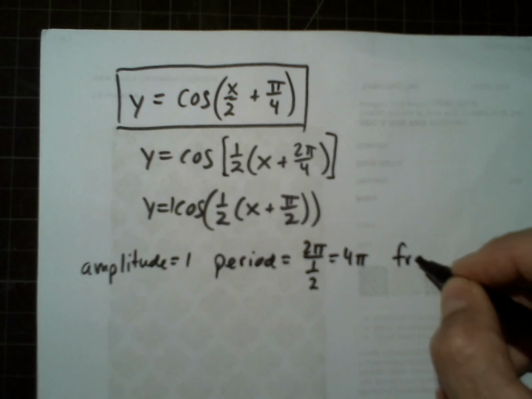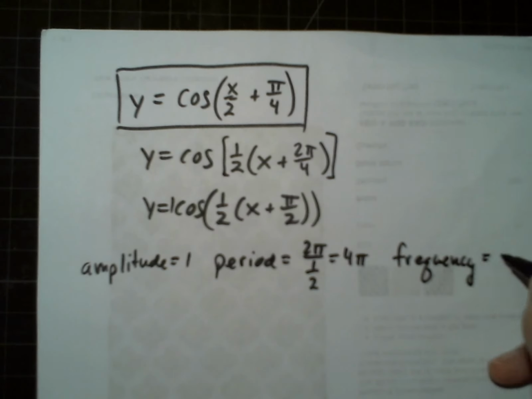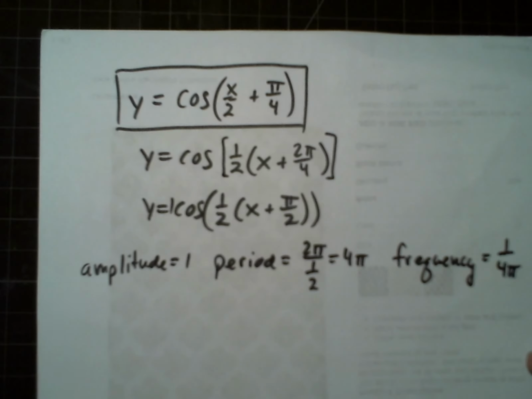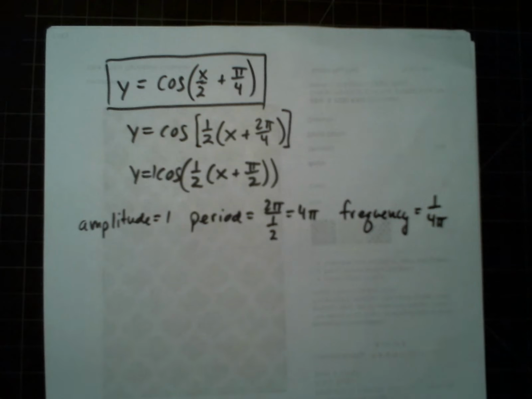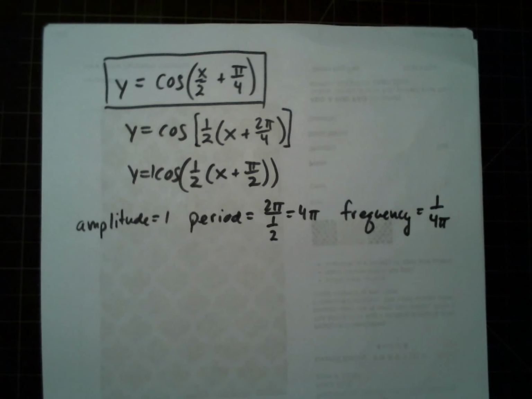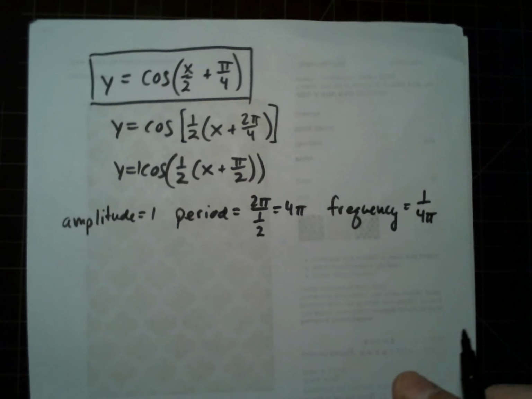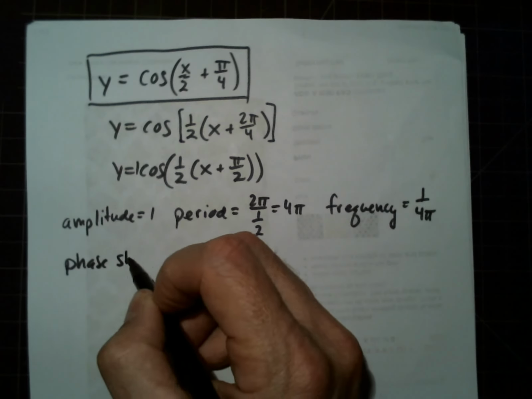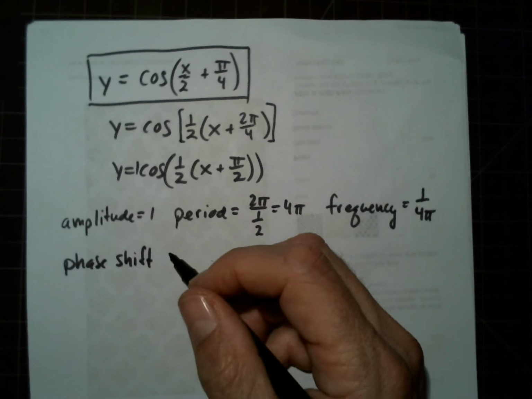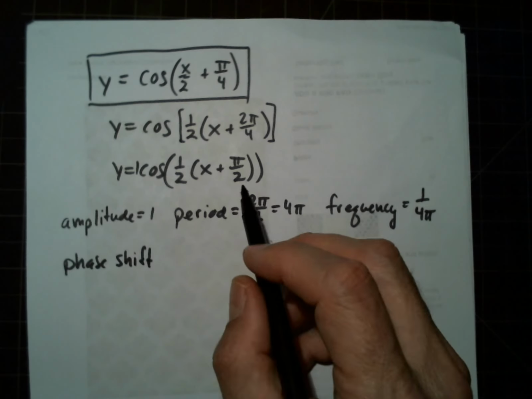And that means the frequency is 1 over 4 pi. We also have the phase shift, and that is negative pi over 2.